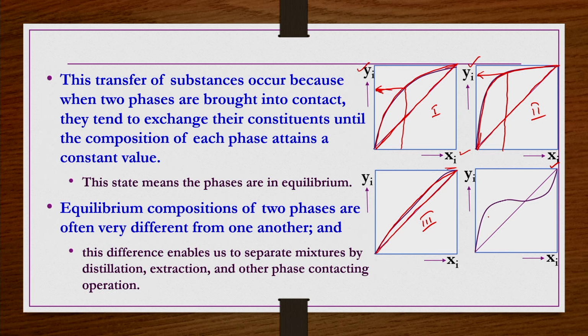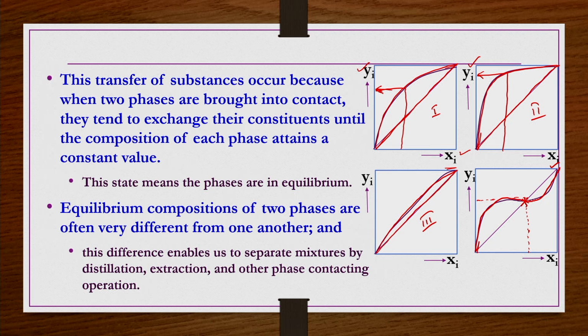Further, if you have an equilibrium composition curve like this, given here, at a certain point you can see that this is the equilibrium composition curve. At this particular point, the composition of that species i in one phase is equal to that in the other phase, because the point is lying on the diagonal.